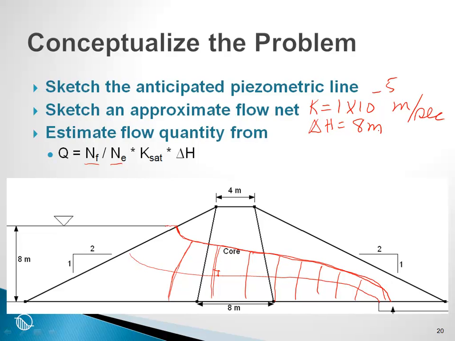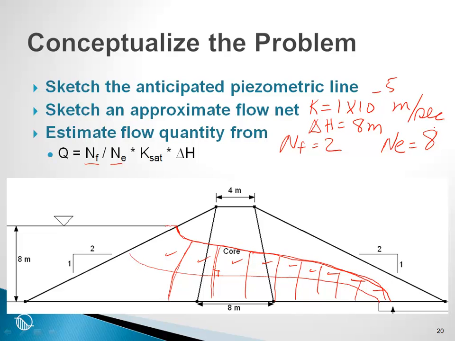The number of flow lines is 2. NF is equal to 2. And the number of equipotential drops is 1, 2, 3, 4, 5, 6, 7, 8, 9. Let's say approximately 8 for easy figuring. NE is equal to 8.